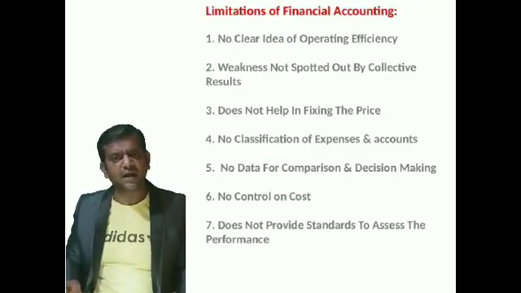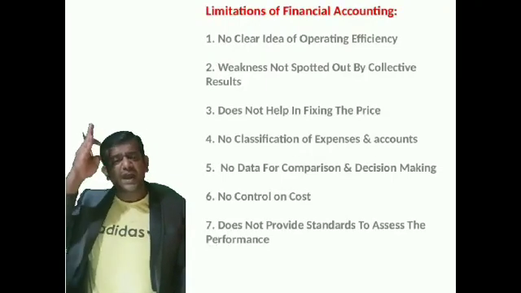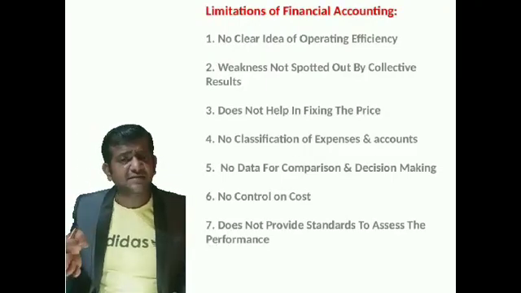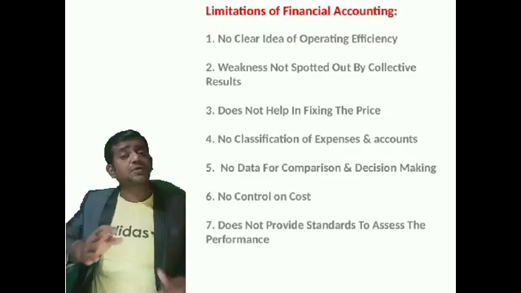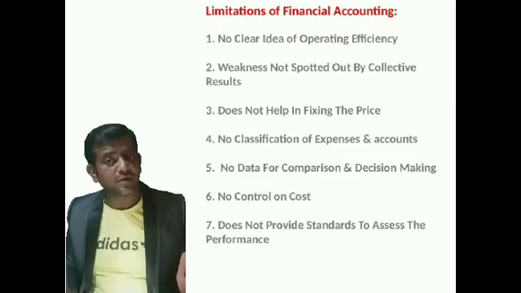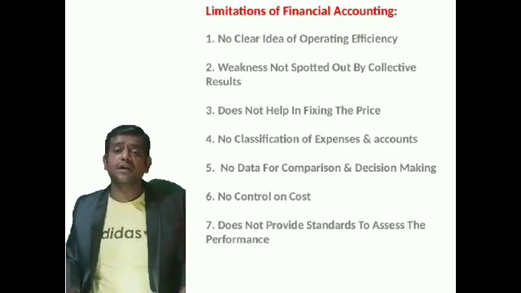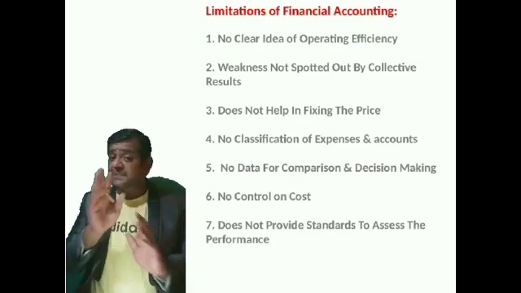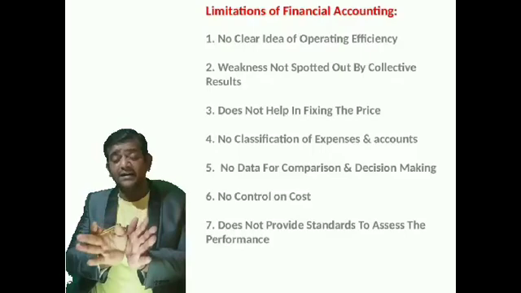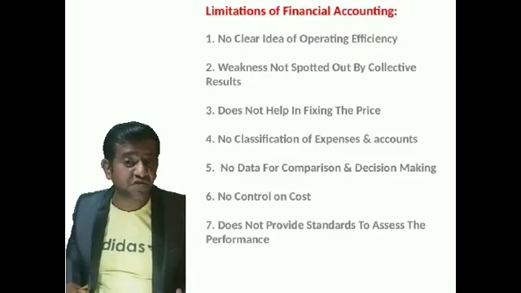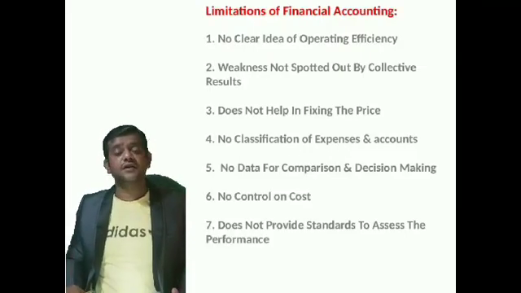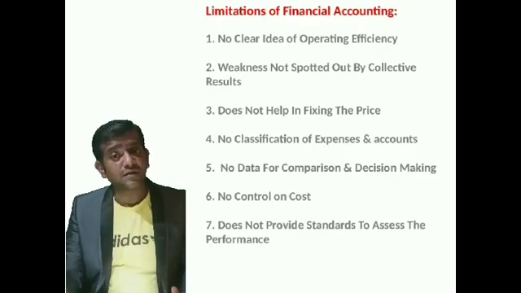Here we get to know the total cost of production, but we are not able to know it divided according to the different stages of production, so we are unable to know the expenditure of that particular production.